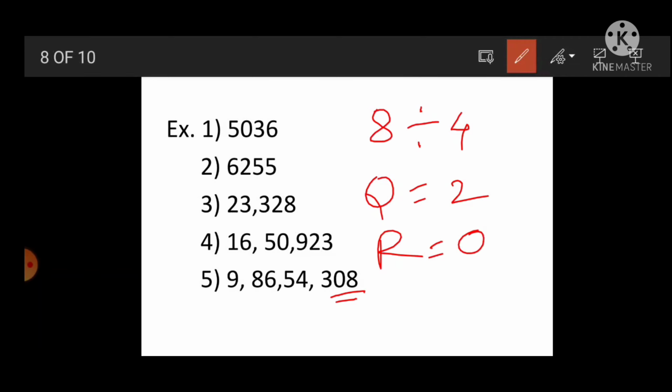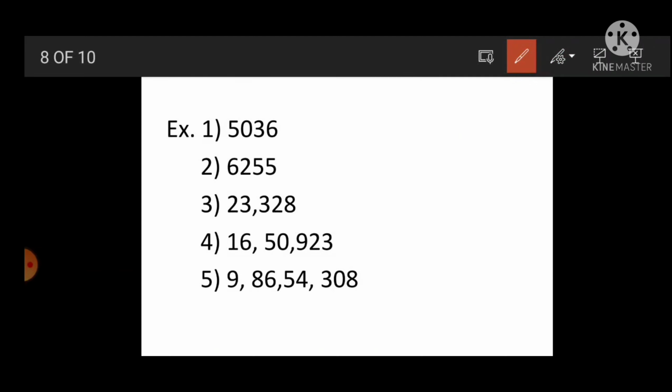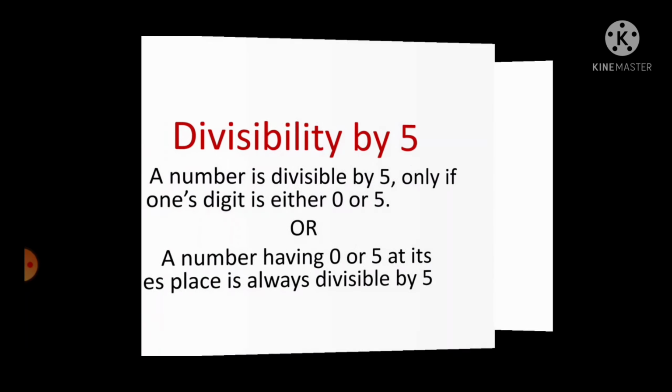So this number is divisible by 4, because 8 is divisible by 4. So 9,86,54,308 is also divisible by 4. Okay. Then we are going to discuss the next divisibility test, divisibility by 5.